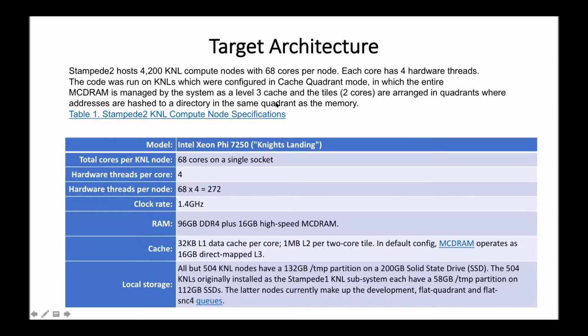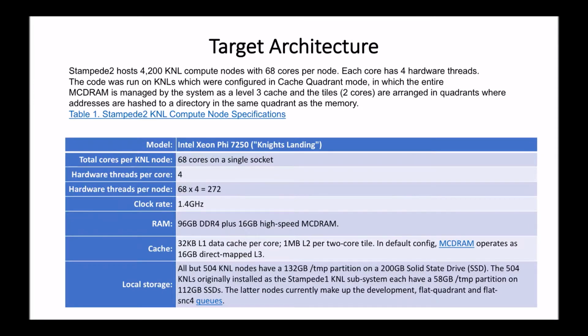Okay, so the target architecture is the Stampede2 cluster, which hosts 4,200 KNL compute nodes. Each compute node has 68 cores with 4 hardware threads each, so that's a total of 272 potential processors per node.